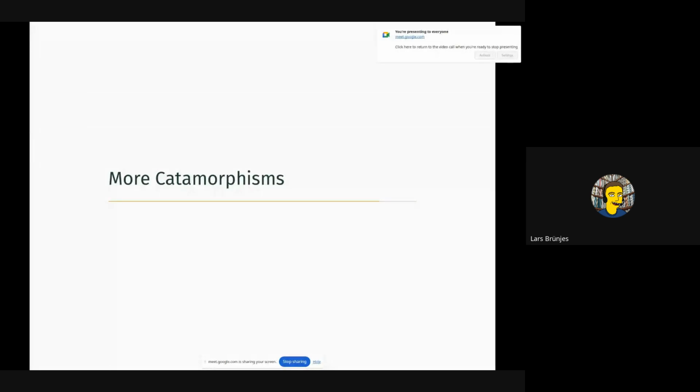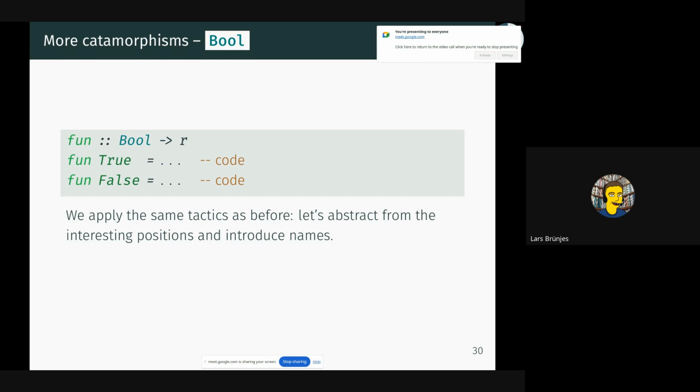So now the idea is to do what we did for lists, the process we did for lists to come from the standard design pattern on lists to foldr, and do that for other data types as well. And let's start very simple. Let's start with Bool.